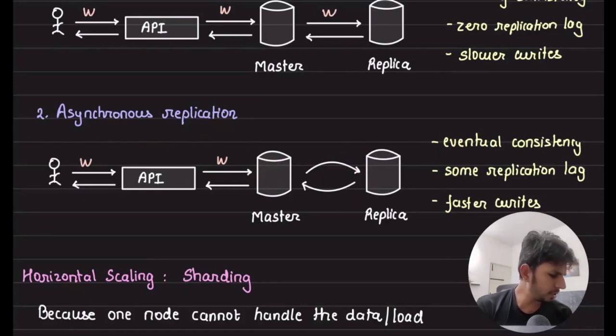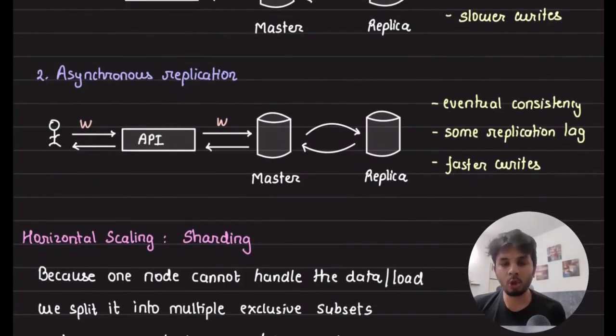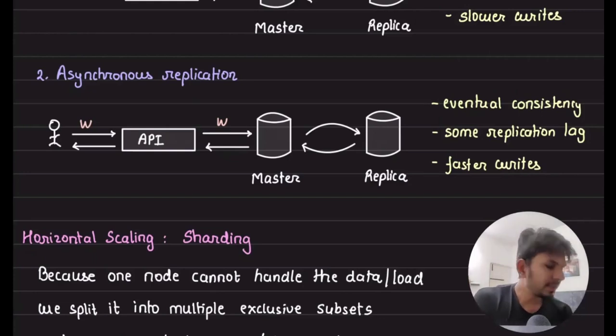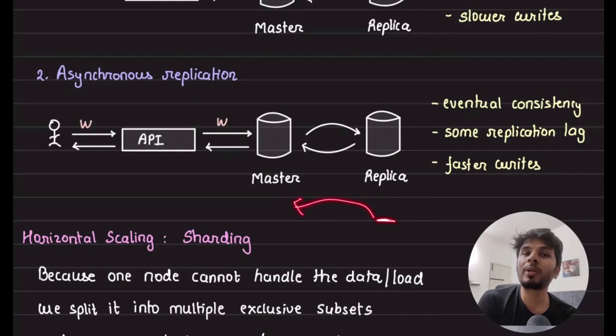So now how does the replica get the updates from the master? Almost all databases come up with a way to create replicas. MySQL, Postgres, MongoDB, everyone has a replica. So what you do is create a small configuration that you enable, saying, hey, this database is a replica while this database is master. So you specify that this replica is following this master.